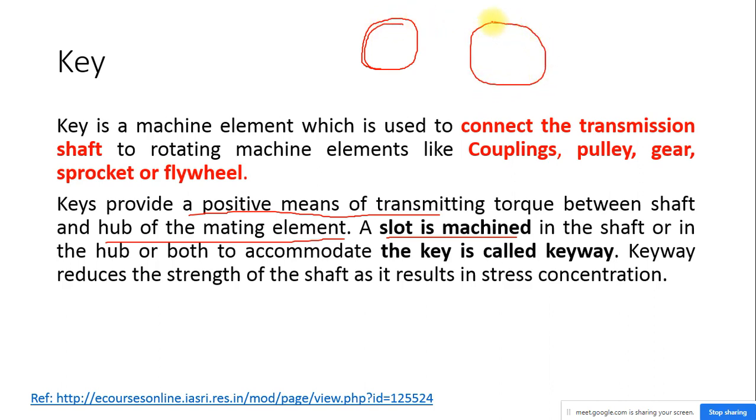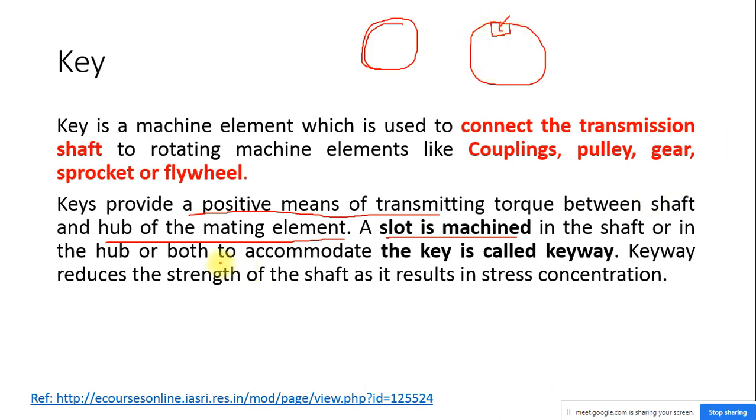In this shaft you create a keyway. This keyway may be either in a shaft or in a hub. This is the place where the key is inserted to make sure that the shaft is exactly fitted to the machine element. So this is called a keyway. A slot which is cut into a shaft or a hub is called a keyway, which will accommodate the key.